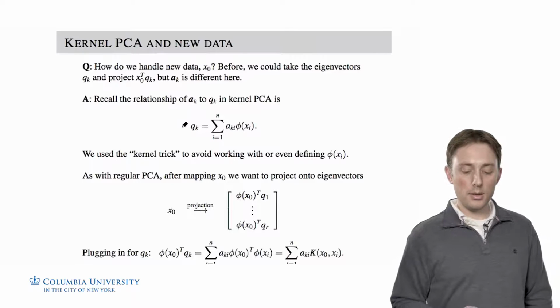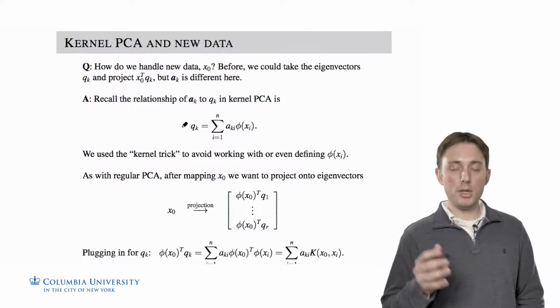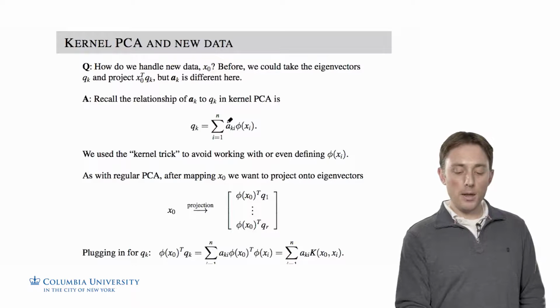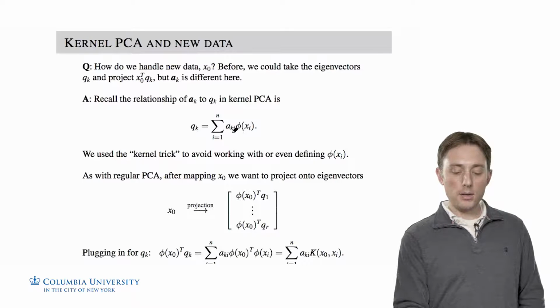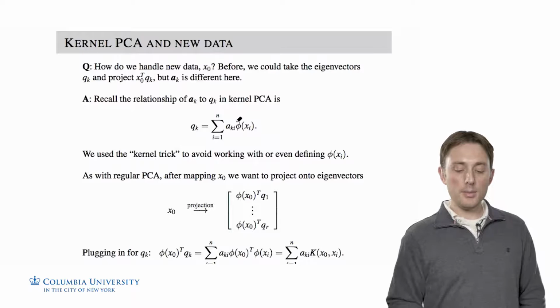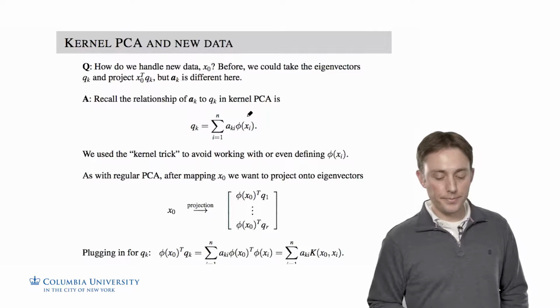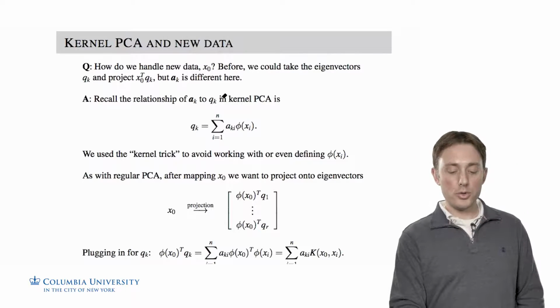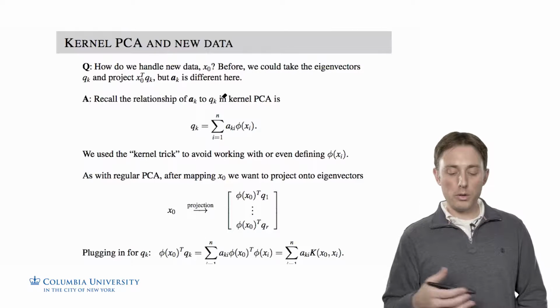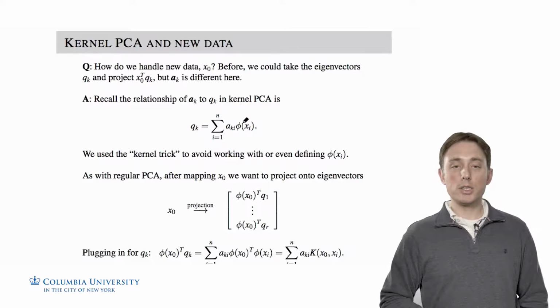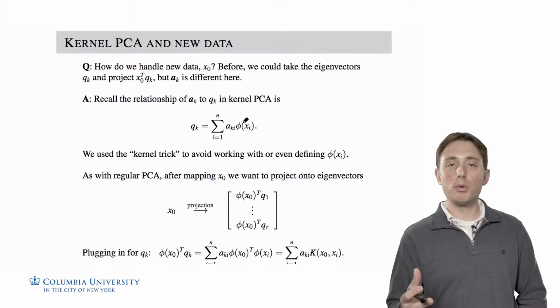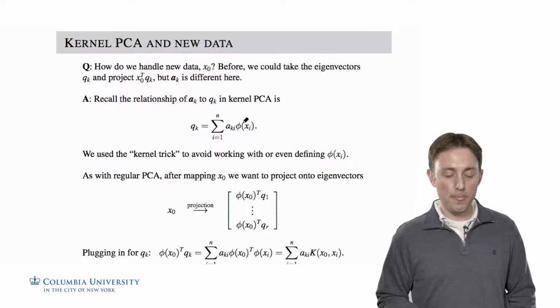We showed that the kth eigenvector in the higher dimensional space can be written as aki, where k is indexing the eigenvector and i is indexing the data point, times the vector we get by mapping xi to a higher dimension, and then summed over all of our data points. Then we use the kernel trick to avoid having to work with or even define any of these higher dimensional projections. We realize we can have only dot product representations and just use the kernel function.